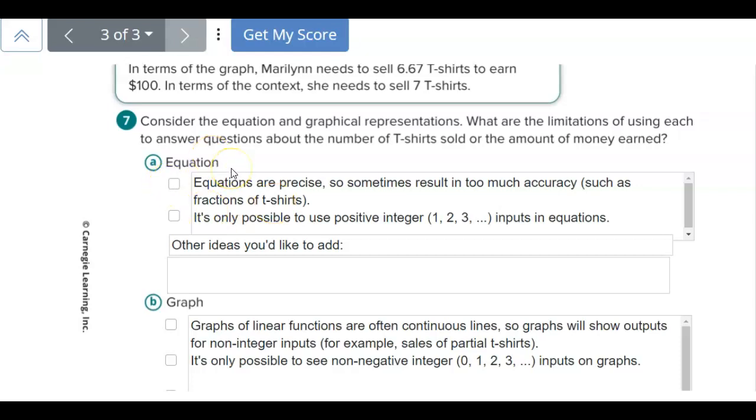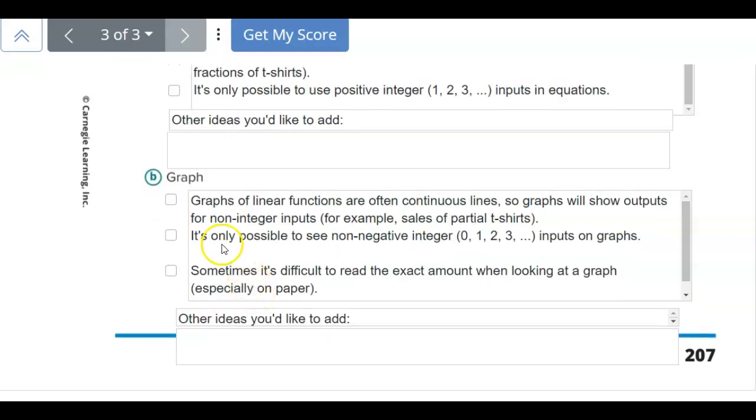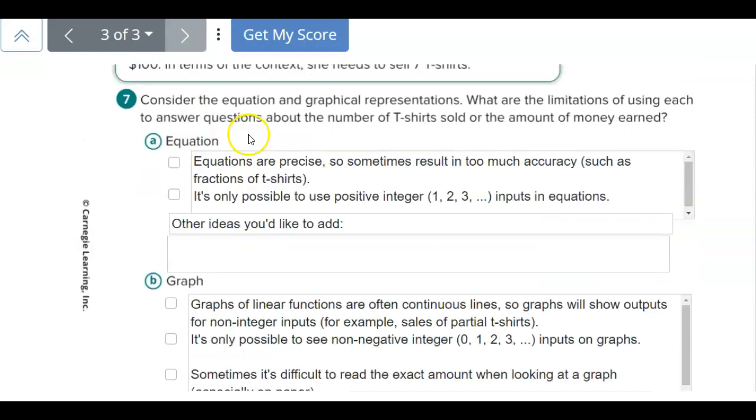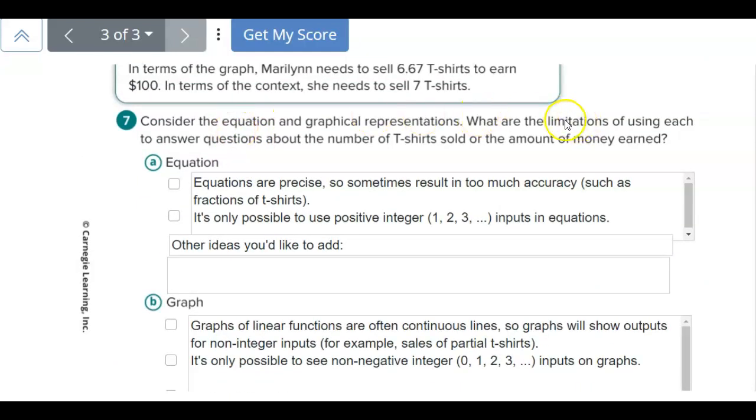And 2 of the forms that we looked at are equations and graphs. So here, think about what some of the advantages and disadvantages are of equations and what some of the advantages and disadvantages to graphs are. And you can choose as many options that are true. So there are 2 options here. You're going to choose whichever ones are truly limitations.